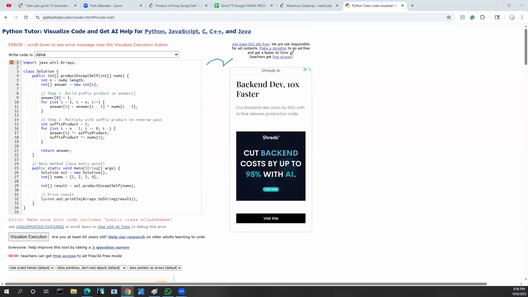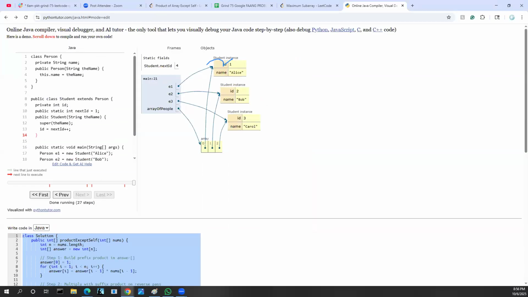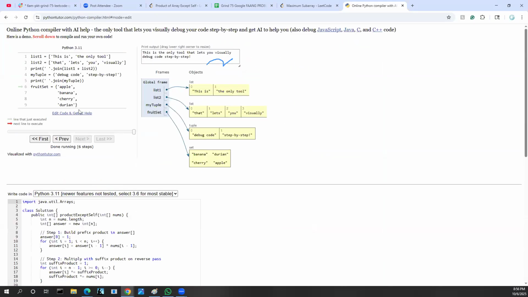Sir, if you want, I can present it tomorrow. I will convert this code into Python and then we will visualize it in just 5 to 6 minutes. Sure, we can do that. Thank you. Sir, can I explain in 4 minutes? If you can, why not?